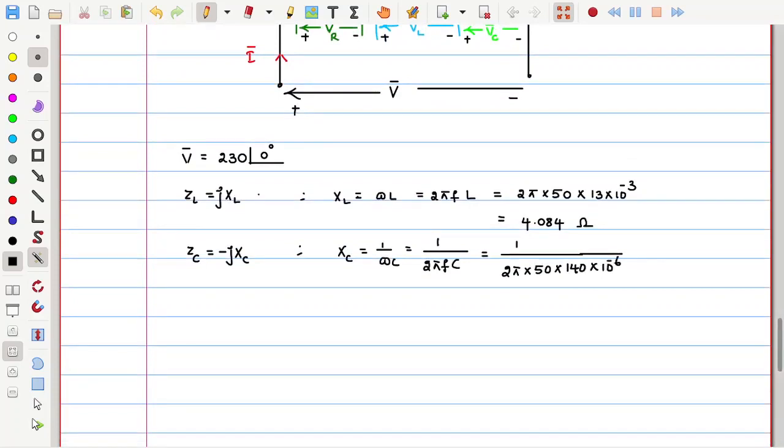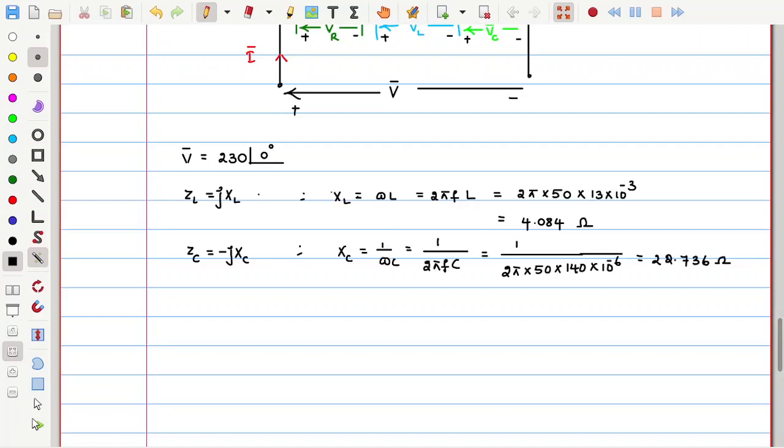Let us calculate this value also: 1 divided by 2 pi into 50 into 140 into 10 power minus 6. I got 22.736 ohms.